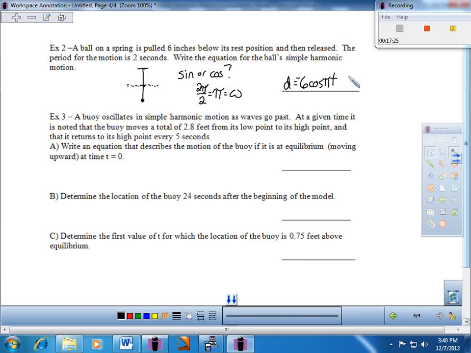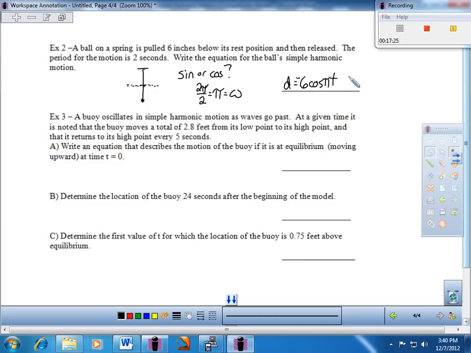It would be great if you could try to write the equation for letter A and then go from there. But let me at least read letter A, and then we'll take it in stride. A buoy oscillates in simple harmonic motion as waves go past. At a given time, it is noted that the buoy moves a total of 2.8 feet from its low point to its high point, and that it returns to its high point every 5 seconds.